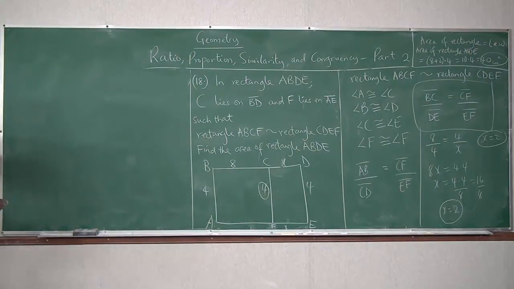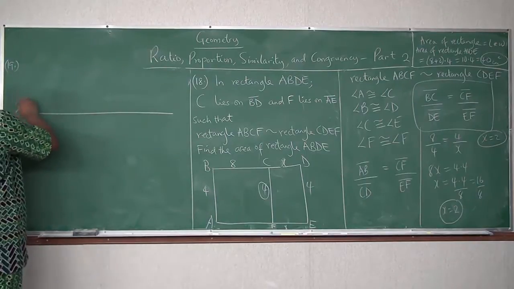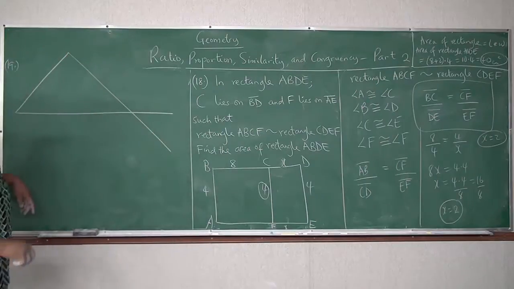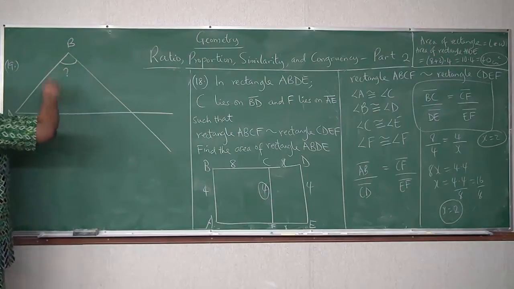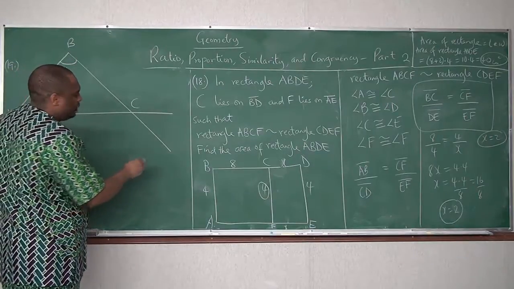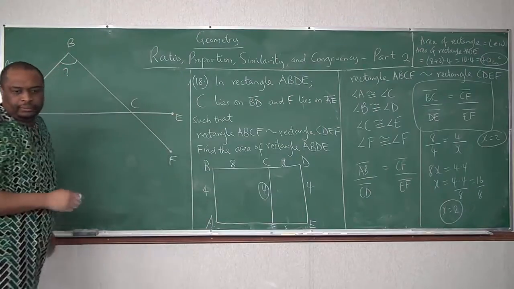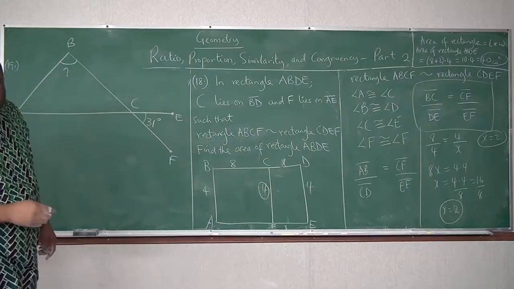So we have this here. We have a triangle. A, B, they are asking for this here. C, F, E. This is 31 degrees, 31 degrees. Okay.